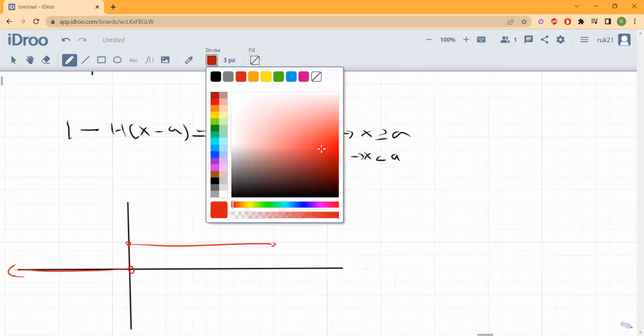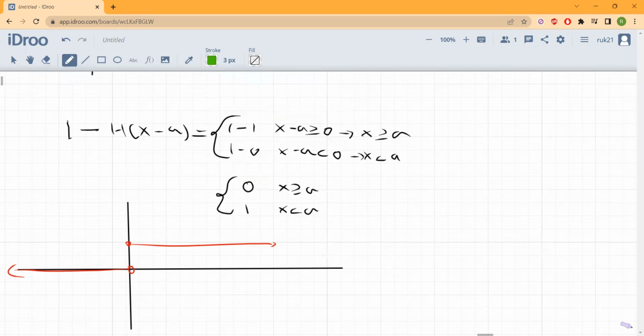Then, if we start doing our transformations, which are called transformations of functions, what we first get is negative h at x, which flips it across the x-axis. So it's going to look like this, and it's going to be filled in here.